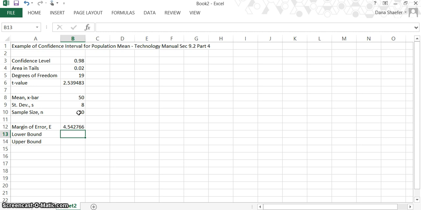The next thing that I'm going to do is take the mean, which is our point estimate, so 50, and subtract that margin of error. And then I'm going to take the 50 and add that margin of error.